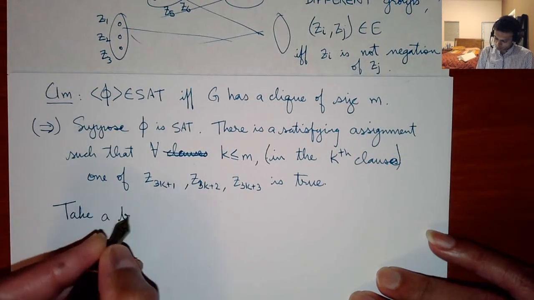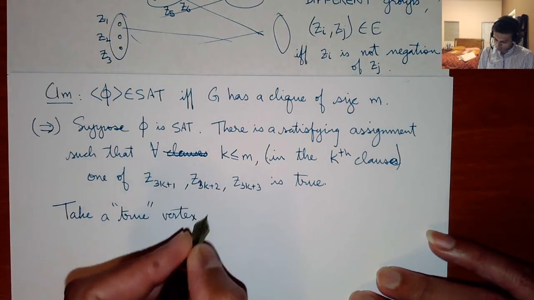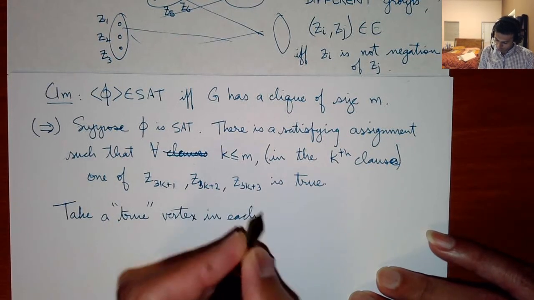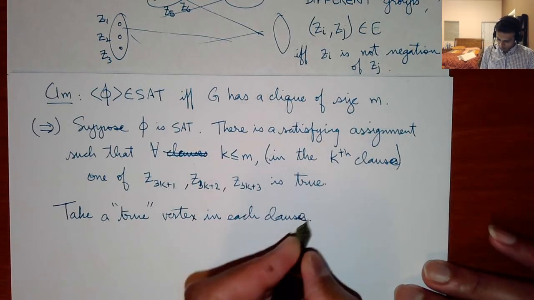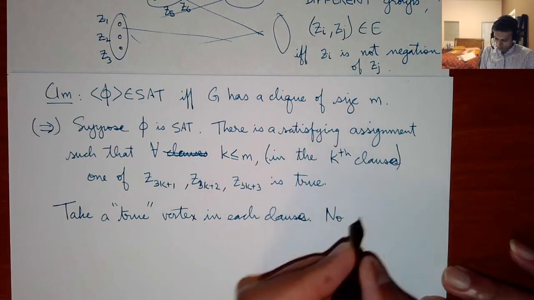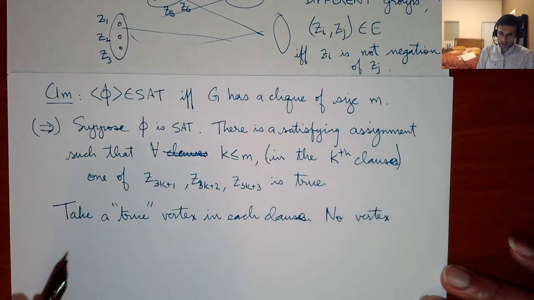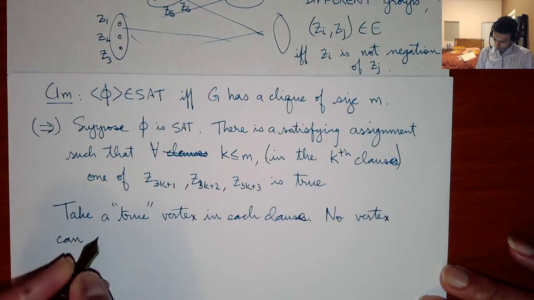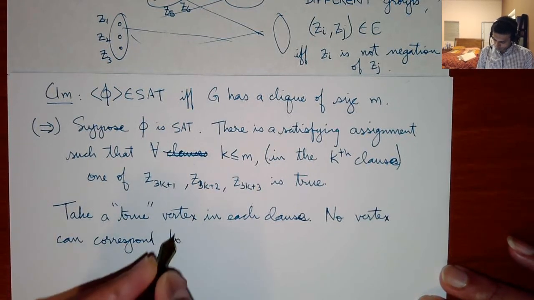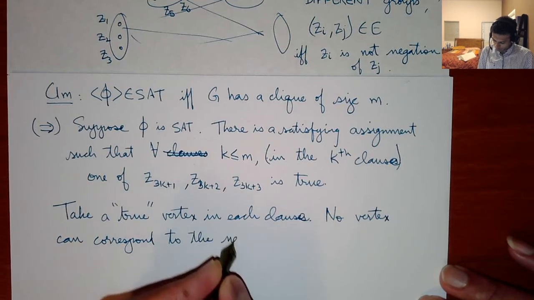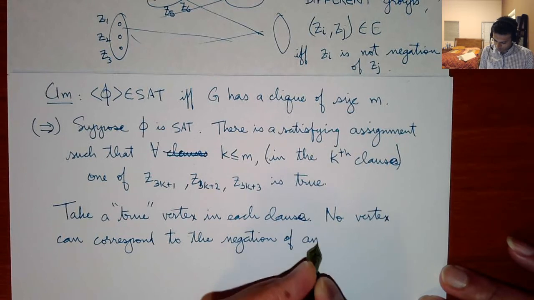Take a true vertex in each clause. Now note that no vertex can correspond to the negation of another vertex.